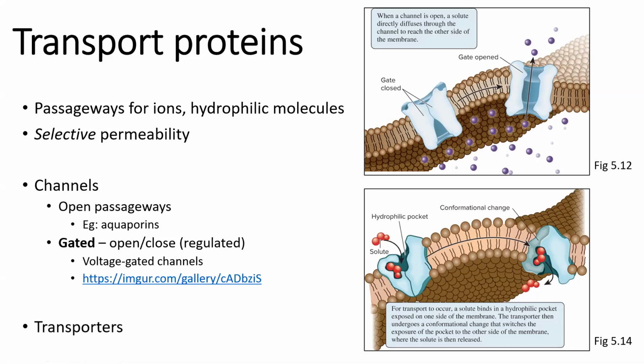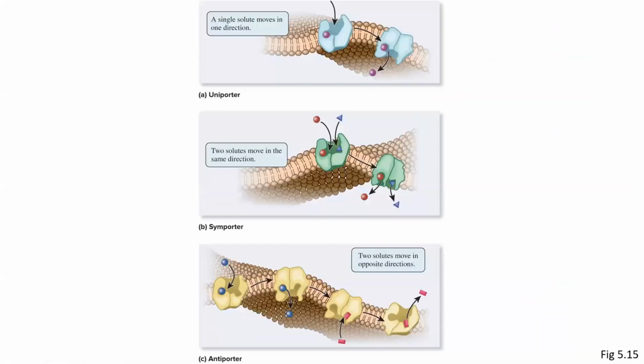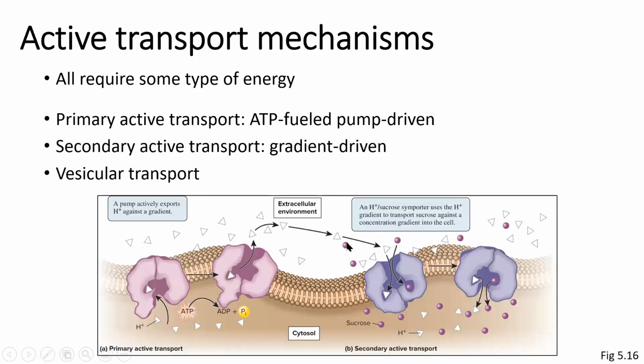That means they're going to open up, either if they're voltage gated, in regards to a difference in charge, or if they're concentration gated, they're opening up to a difference in concentration. Okay, so you can see the different ones. We're not going to talk about the uniporters, symporters, antiporters, don't worry too much about those. Finally, the active transport mechanisms, which I talked about, all require energy.